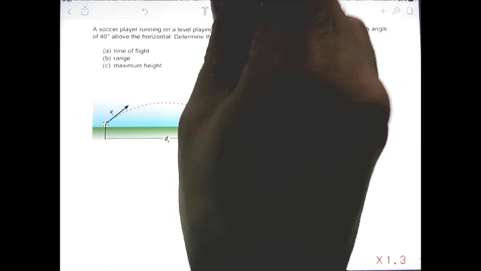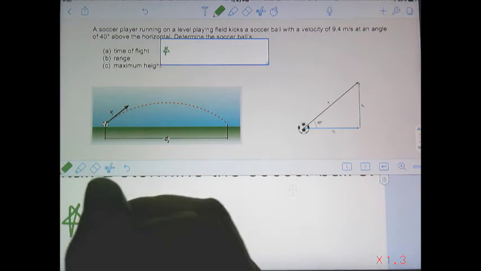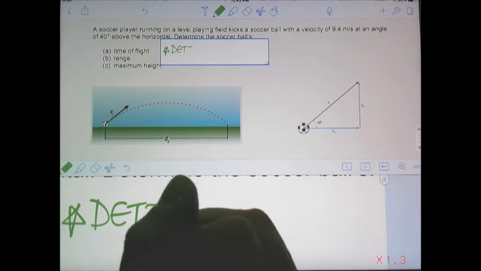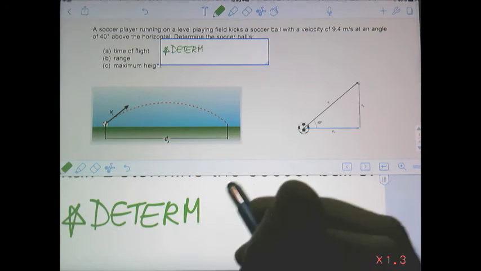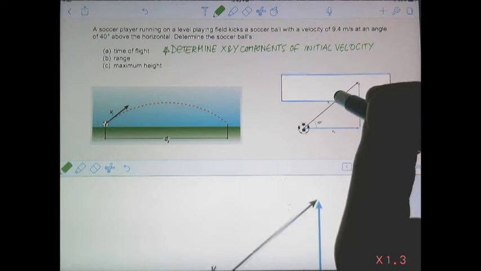So just like the previous example, what I want you to do for every single projectile motion question is determine the x and y components of its velocity. So let's take a look at its initial velocity.